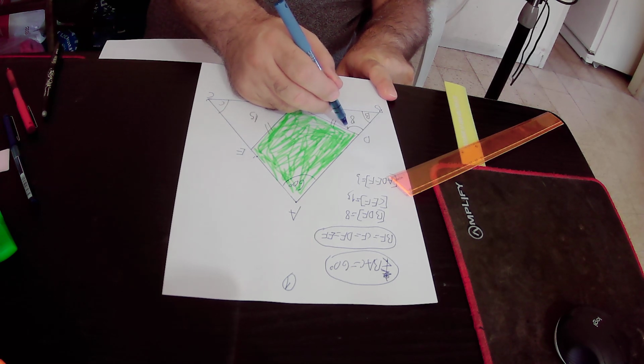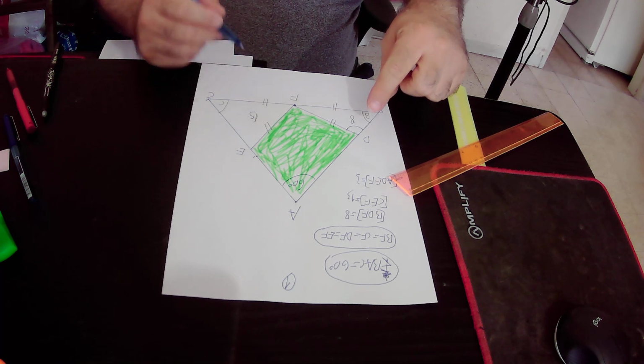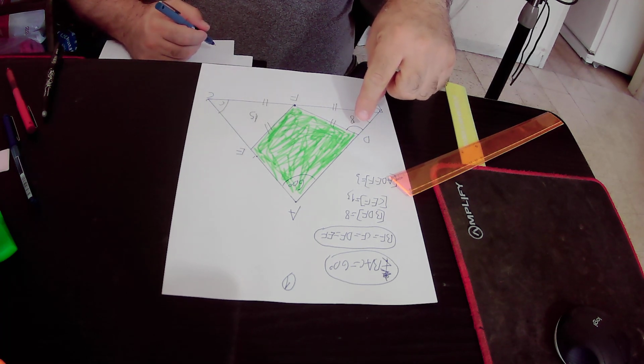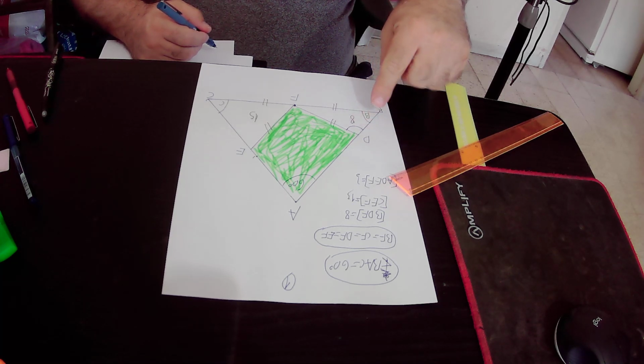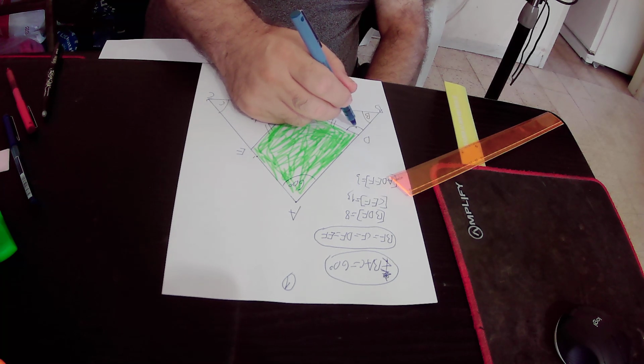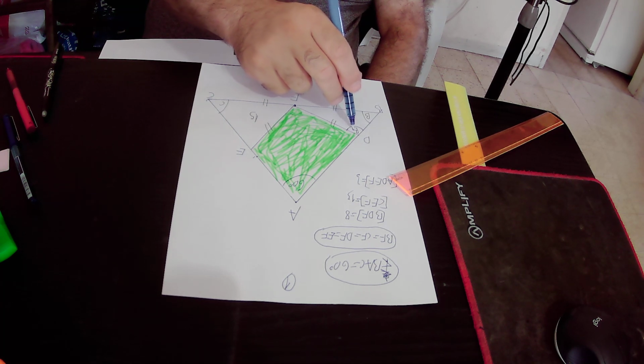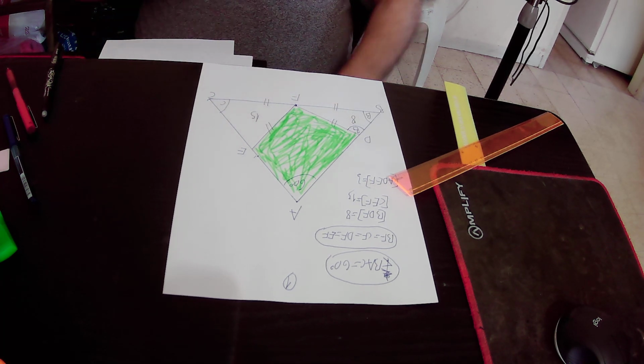So according to rule number 1, those two angles that are located in front of equal sides are also equal to each other. Therefore, if this angle is B, then the other angle must also be equal to B. Okay?